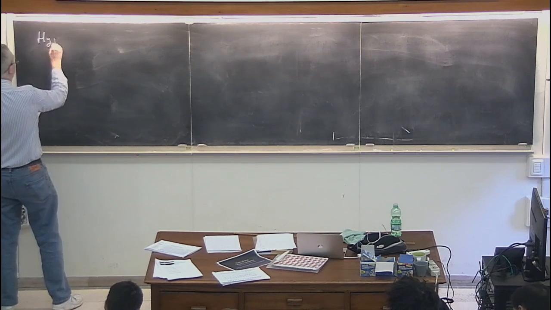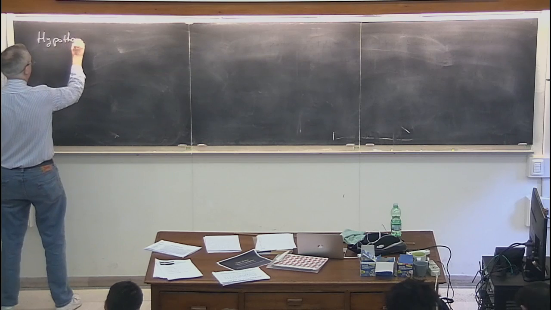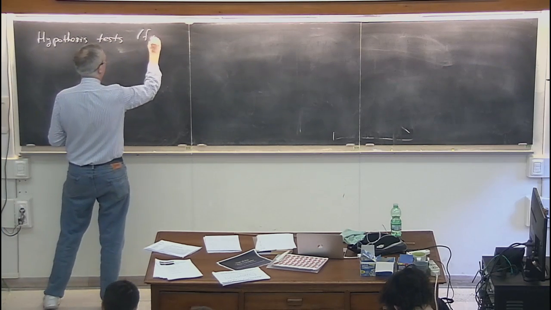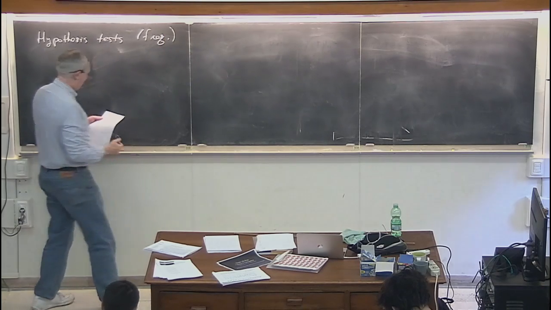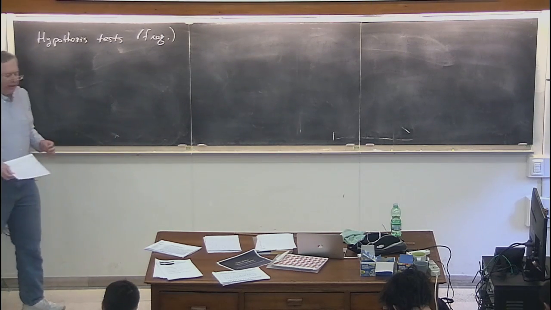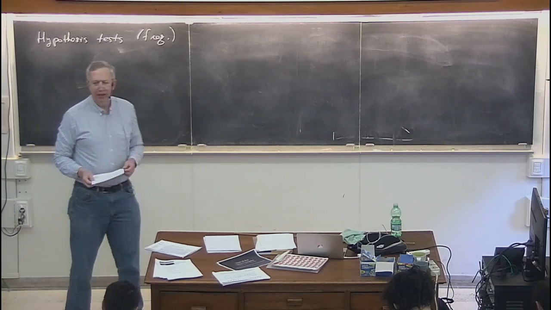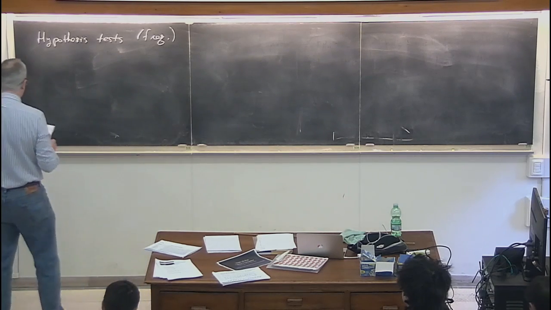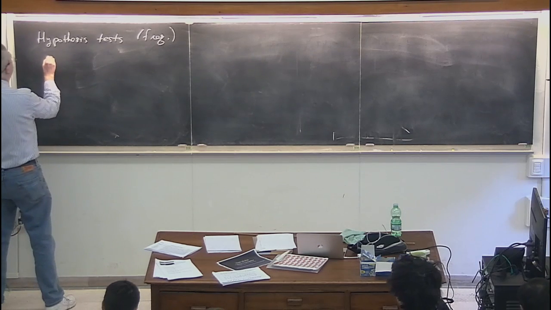So next topic, frequentist hypothesis tests. Yesterday, I started by saying that a hypothesis was a statement that's either true or false. So I want to refine that definition a bit.